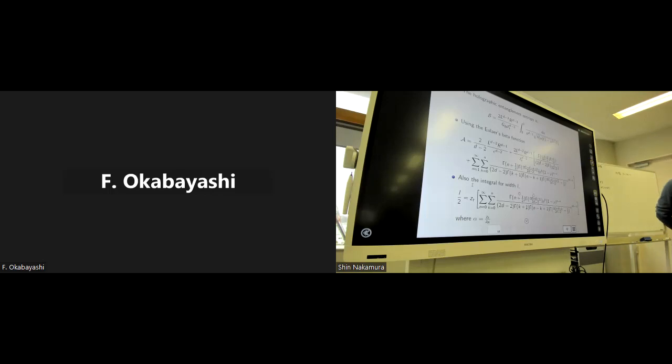So I made some comments in Japanese for students. Yeah, the square root of G action. Yeah, right.